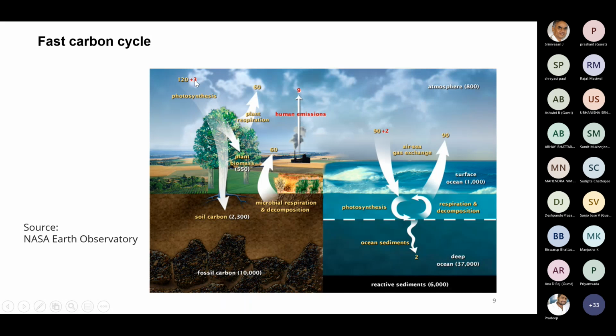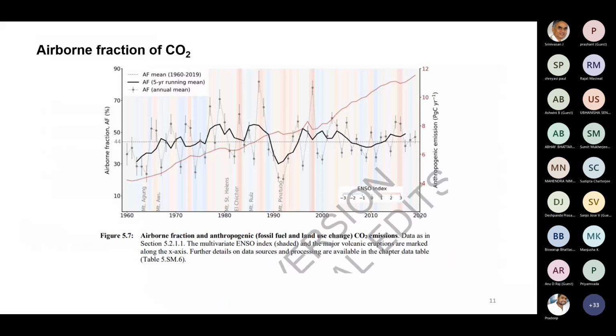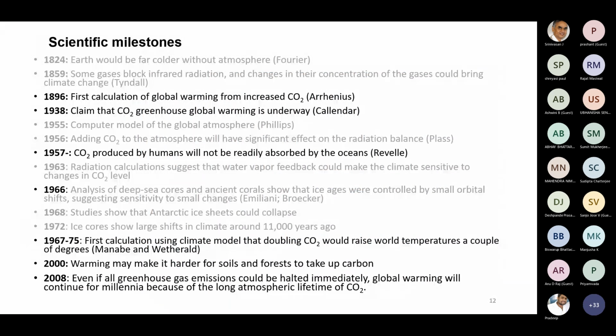So if we continue to emit about 10 gigatons of carbon a year, for instance, will this number continue to be 3 or will it come down? And as atmospheric CO2 goes up, would you expect the carbon fertilization effect to go up? Do you expect this number to rise, or are there intrinsic limitations? So there's a lot going on in the carbon cycle.